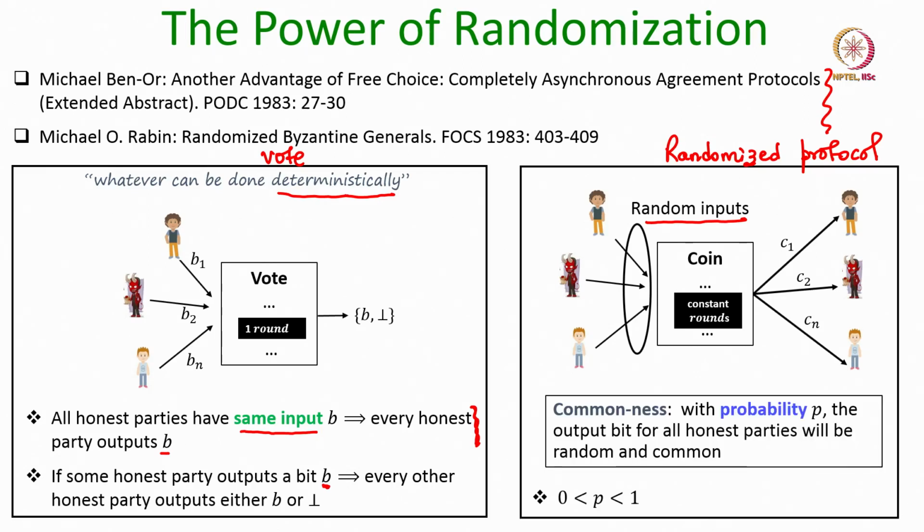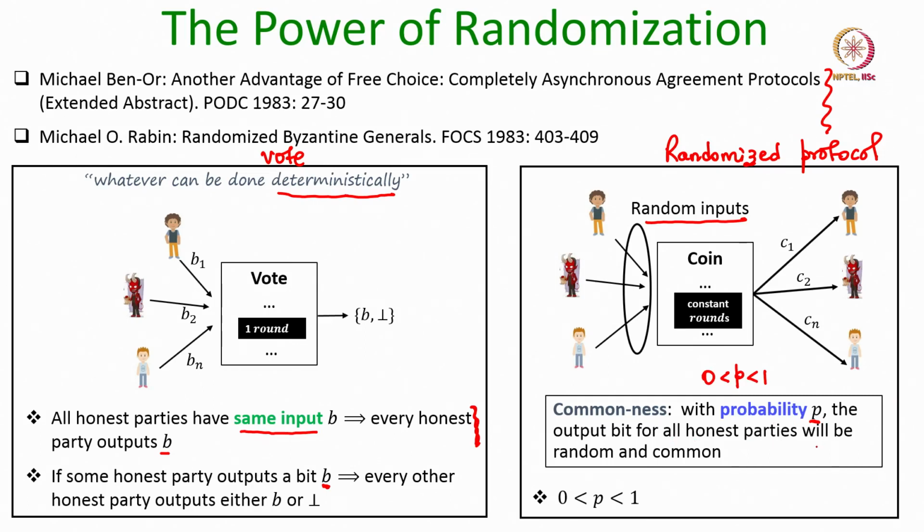The security property is the commonness property, and this coin protocol basically guarantees that there is some probability p, where p is strictly greater than 0 and strictly less than 1, such that with probability p, the output bit of all honest parties will be random and common.